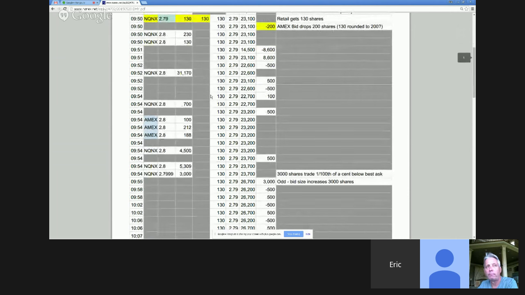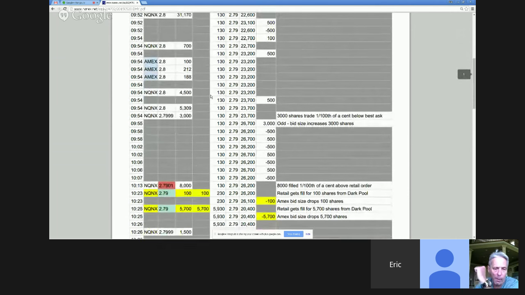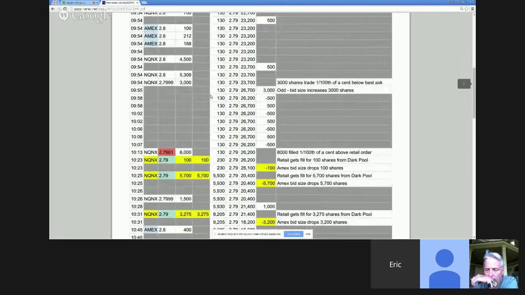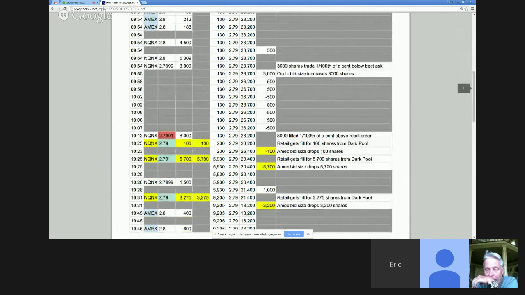So we come down to the next execution here. He gets a fill from his retail broker for 100 shares. Right before, like 10 minutes before his fill for 100 shares, somebody else is buying it for $2.79 and 1/100th of a penny, 8,000 shares.